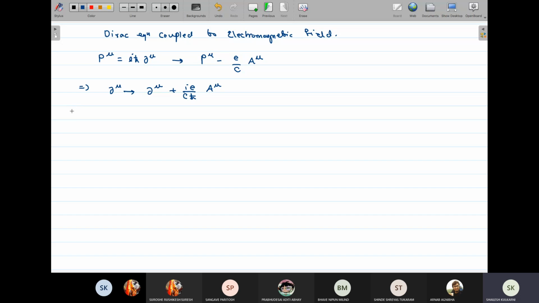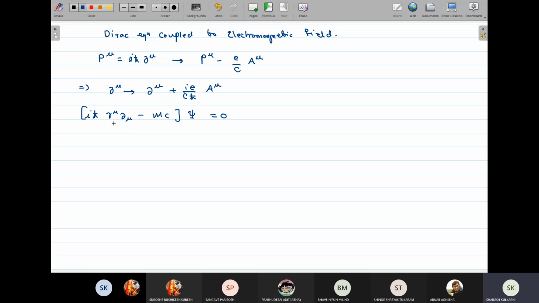So let us first write the Dirac equation in the Hamiltonian form. Let me write in the covariant form and then I will go to the Hamiltonian form. In the covariant form, the Dirac equation is (i h cross gamma mu del mu minus mc) acting on psi equal to 0.